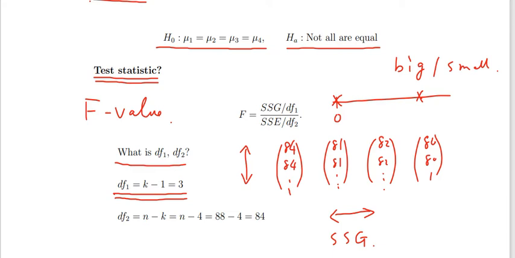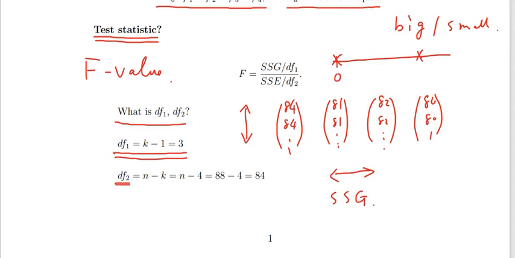Then how can we determine the degree of freedom in the denominator, df2? We say total degree of freedom is n minus 1. So what is n?